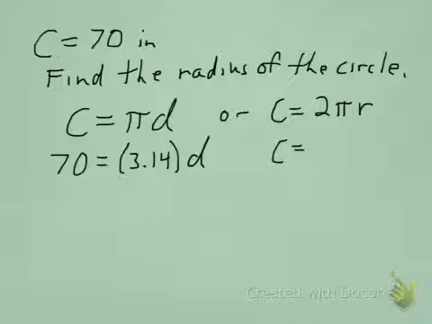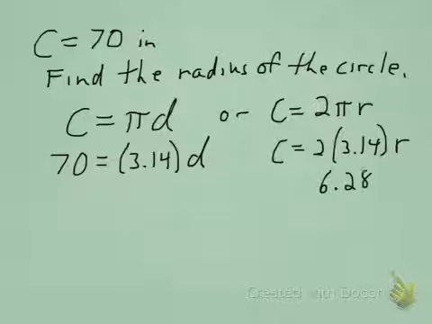So let's fill this in. 2, 3.14, and then the radius. Okay, what is 2 times 3.14? 6.28. And what was our circumference? 70. Alright, you should know how to solve when you see it this way.